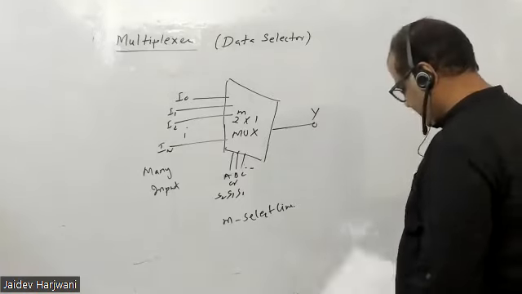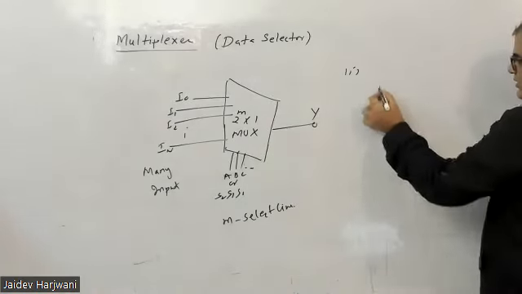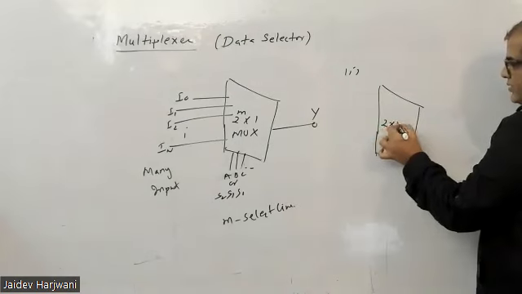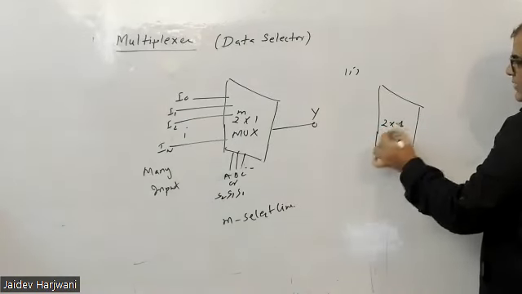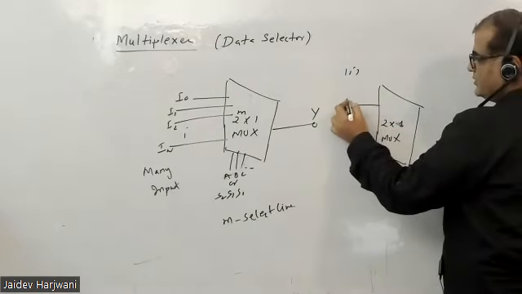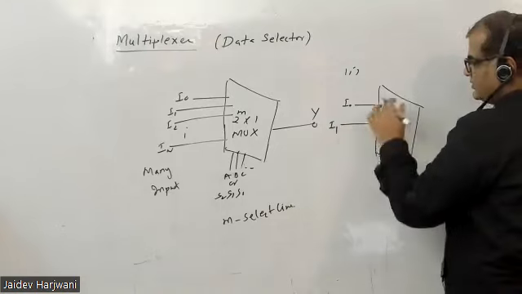Let me give you a simple example of a 2 into 1 mux, a 2 into 1 multiplexer. It can have 2 data inputs, generally mentioned as I0, I1, sometimes 0, 1.